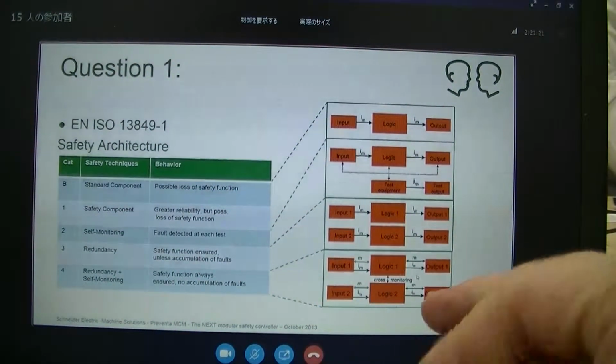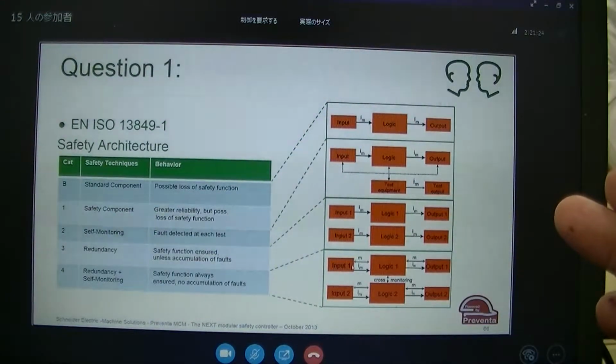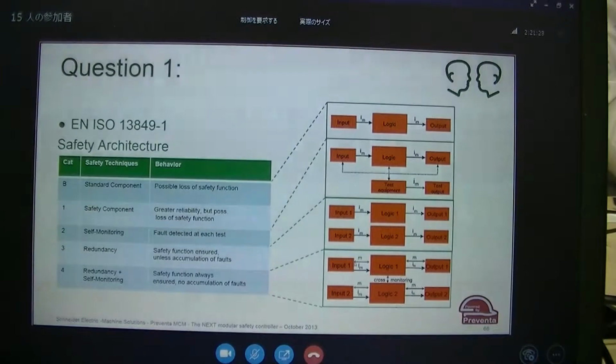For diagnostic coverage, if you have minus 12 volts circuitry here between the logic 1 and input 1, and you have plus 12 volts circuitry here in between logic 2 and input 2, you can detect the short circuit between these circuitries, and you can detect the short circuit between 24 volt supply and grounding.